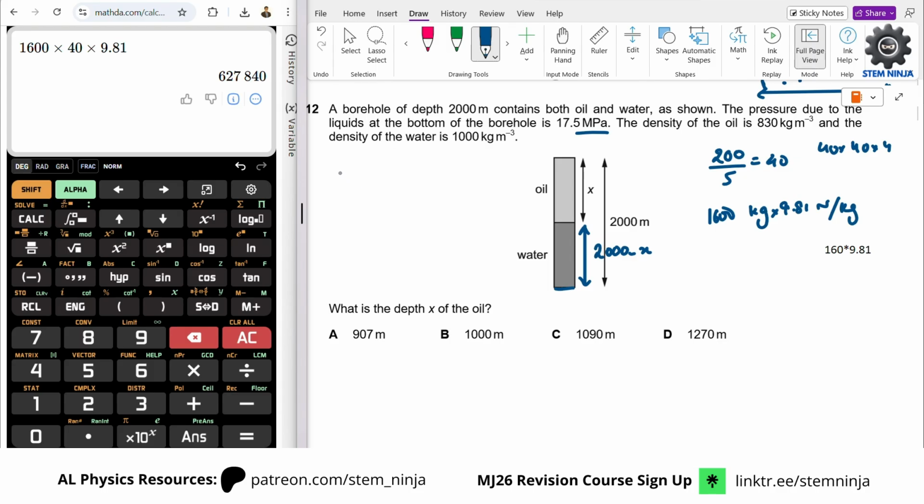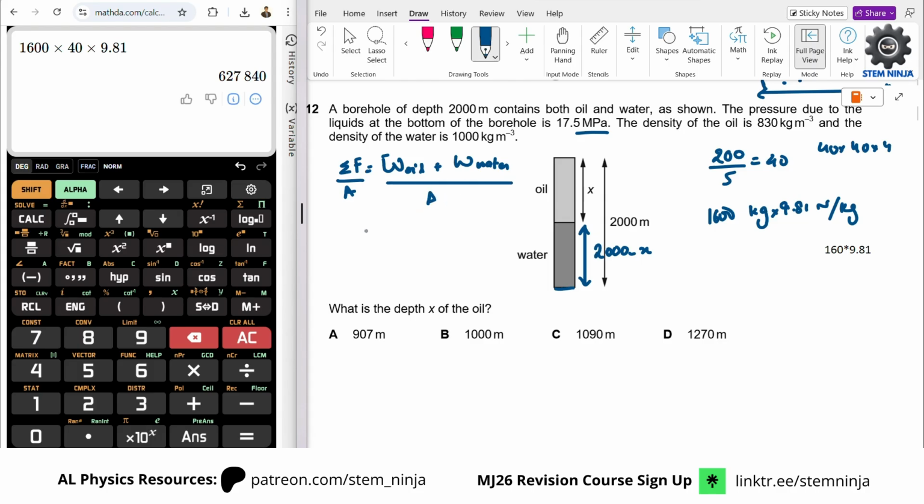So the force exerted by both of them is the weight of the oil plus the weight of water. We don't need to write the full thing, divided by area.